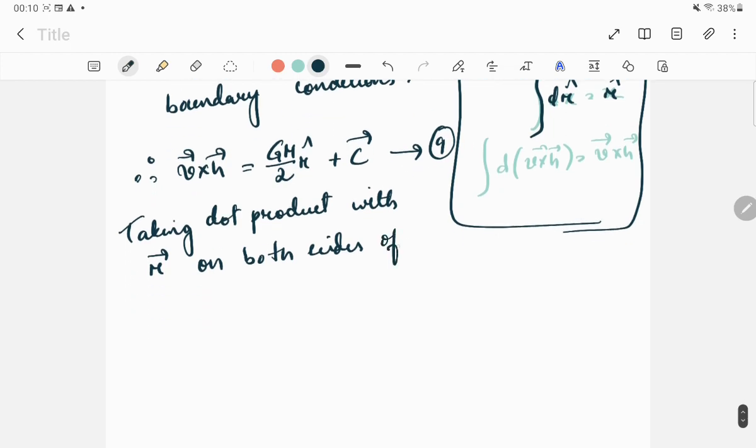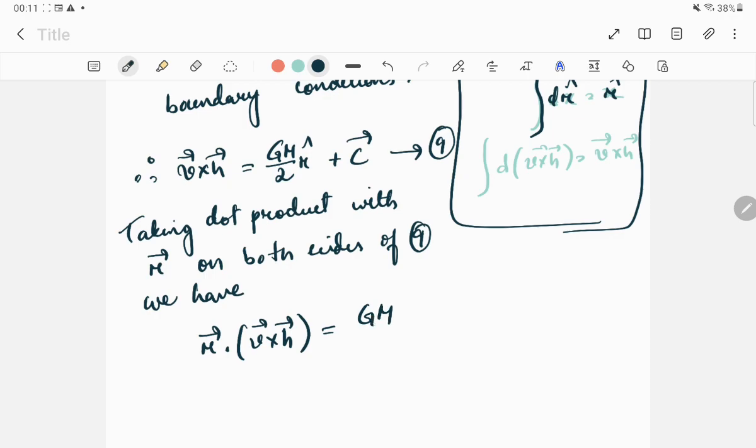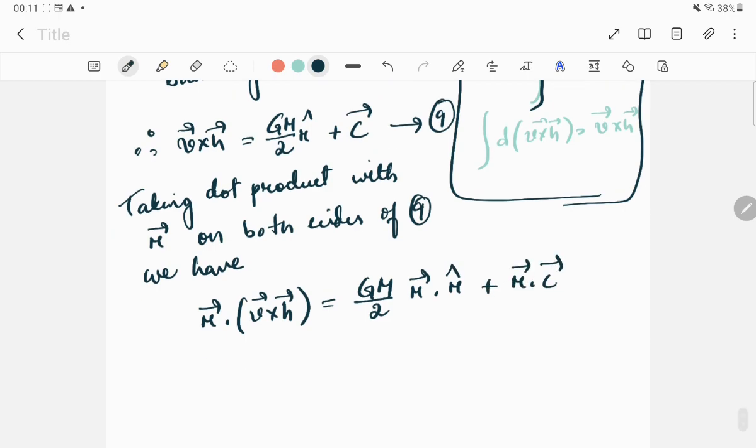On both sides of 9 we have r vector dot v cross h, and then we have GM by 2, all scalar things. So r vector dot r cap plus r vector dot c vector.